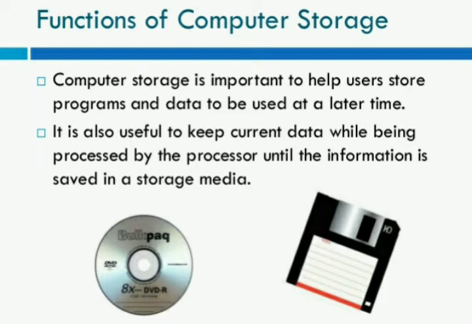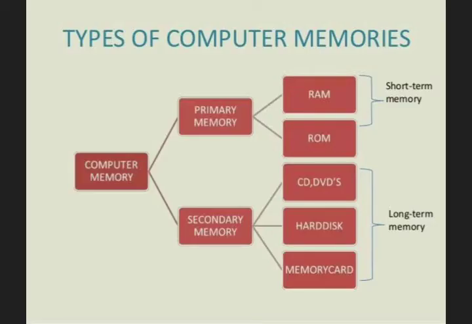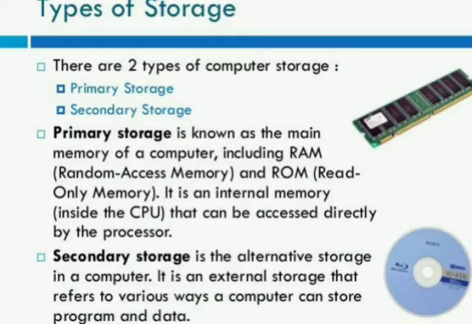There are actually two types of memories for a computer. I will give you a brief idea of the memories of computers. One is primary memory and the other is secondary memory. Primary means it is already installed in the computer.